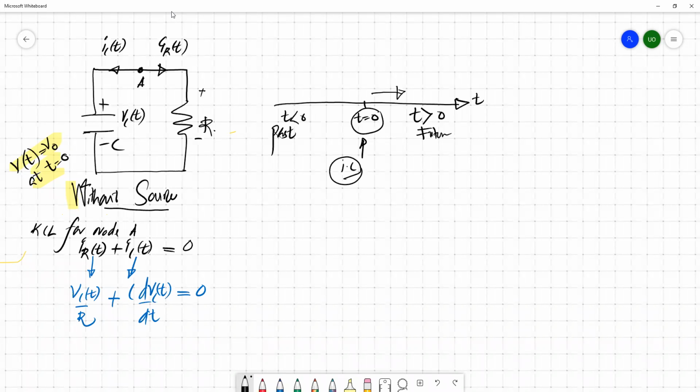You just apply Kirchhoff's current law for node A and replace the currents with voltage. Nothing else. Then we can simplify or rearrange the terms and we get this kind of equation.